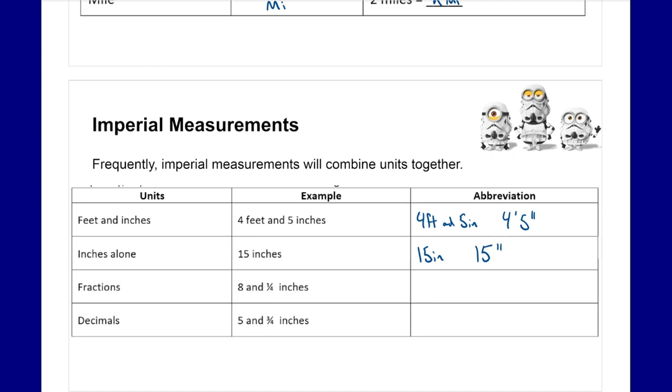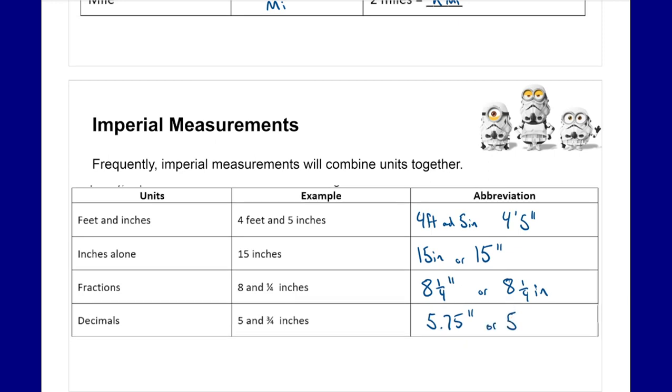We might also see fractions. So 8 1/4 inches, say 8 1/4 inches, or again, 8 1/4 IN. And you might also see it as decimals, right? So 5 3/4 of an inch would be 5.75 inches.